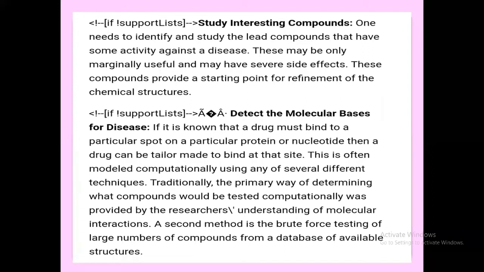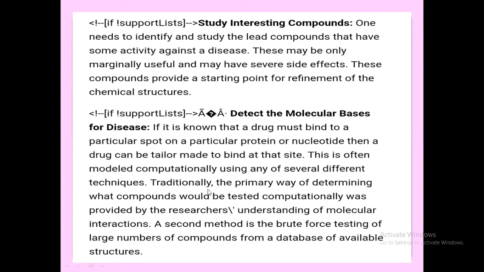It is tailor-made; you are making a design of that particular drug. Then that designed drug binds at that particular target site. This is often modeled. How to model? That is, tailor-make that drug. It is modeled computationally, that is, using computer tools, using any of several different techniques.